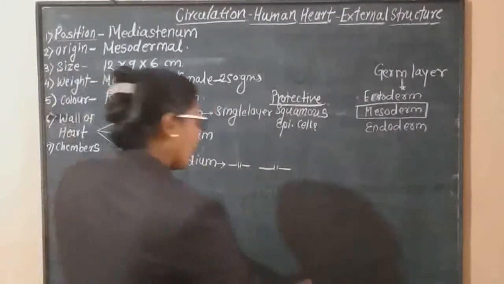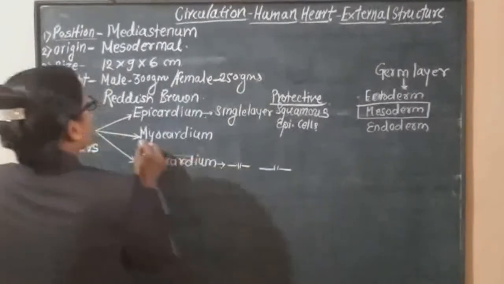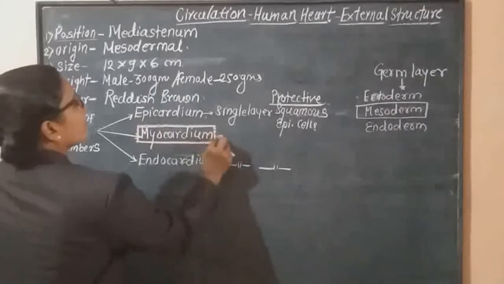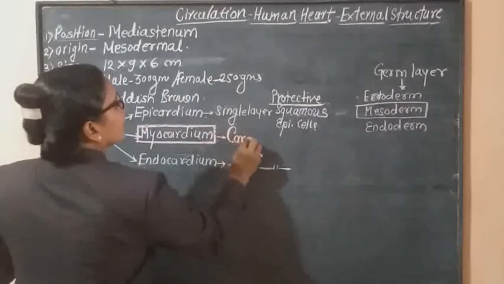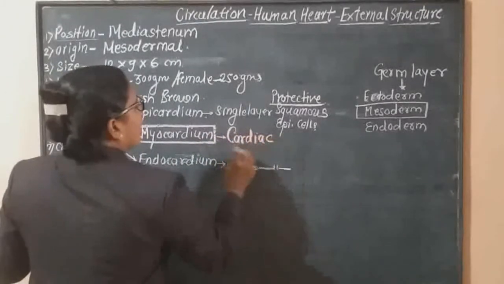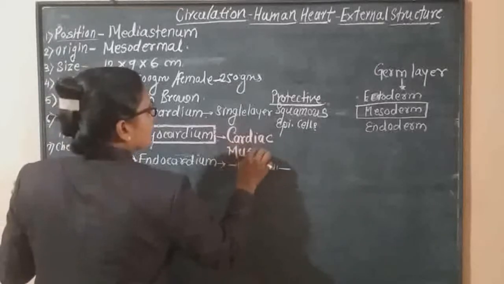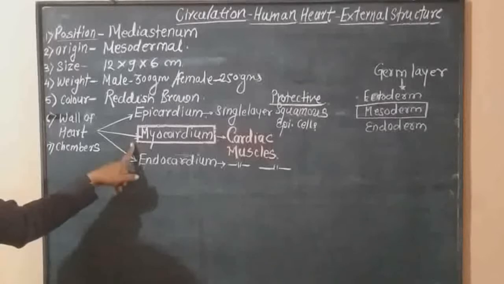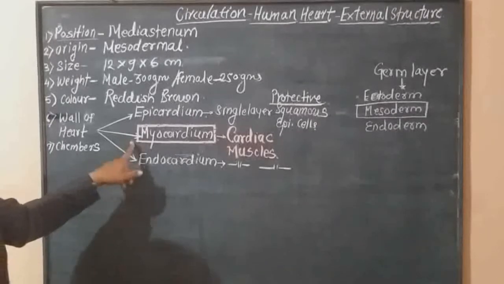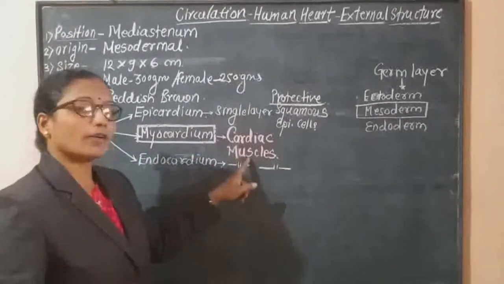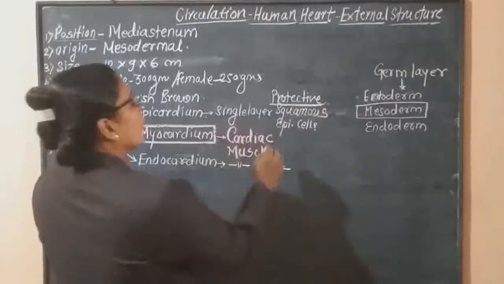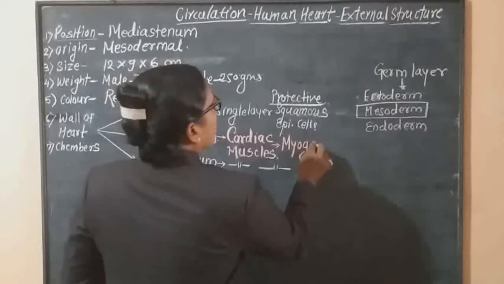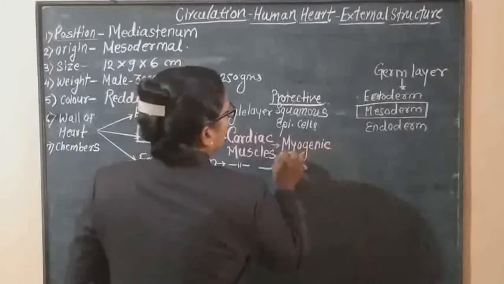Now, the middle layer is very important because this myocardium consists of cardiac muscles. What is present in the middle layer of the heart wall? Myocardium consists of cardiac muscles, due to which the human heart is known as myogenic in nature.